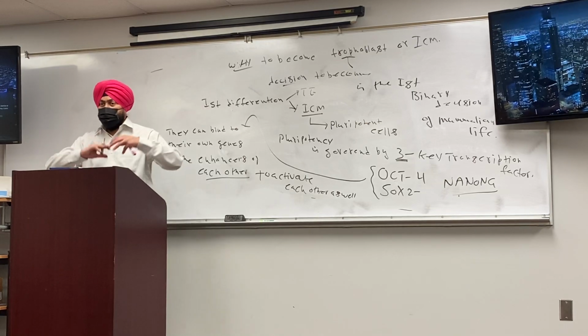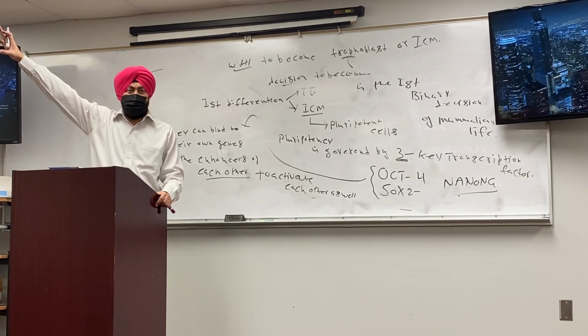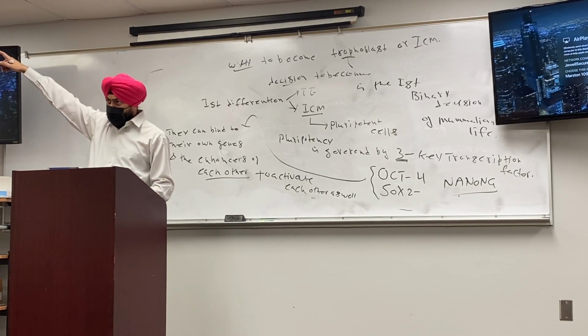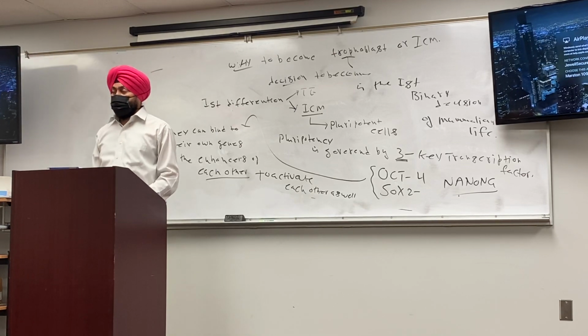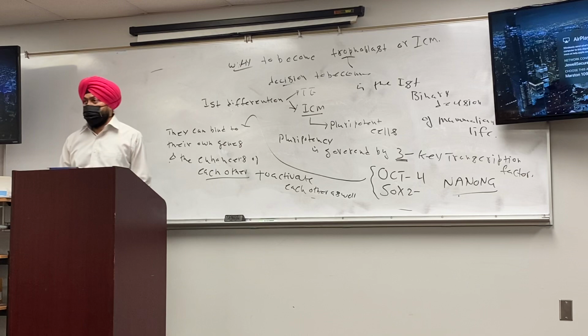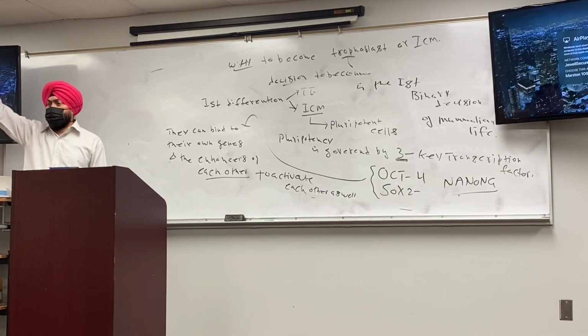So we know what enhancers are, right? Enhancers are the DNA sequences to which certain proteins can bind. They facilitate the binding of RNA polymerase II there so that transcription can be activated easily. They make loops between enhancers and suppressors in the DNA.